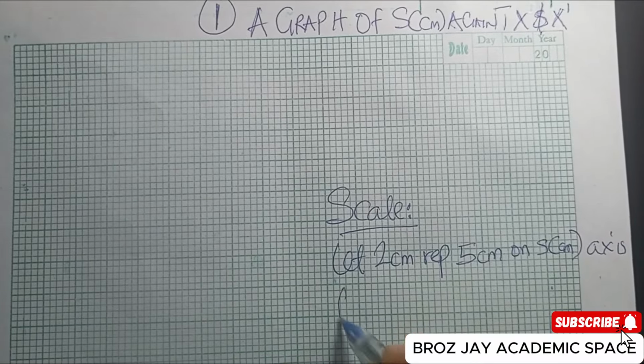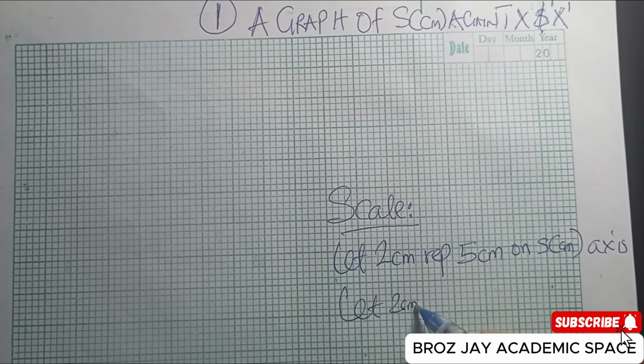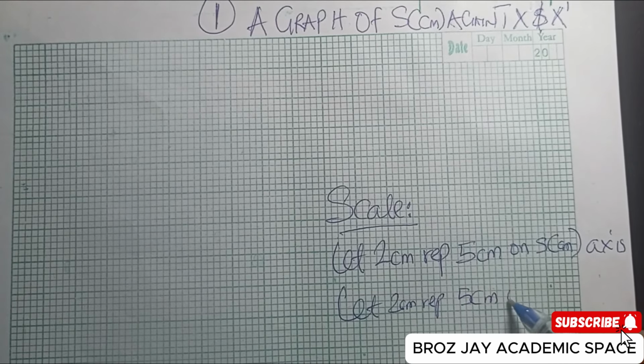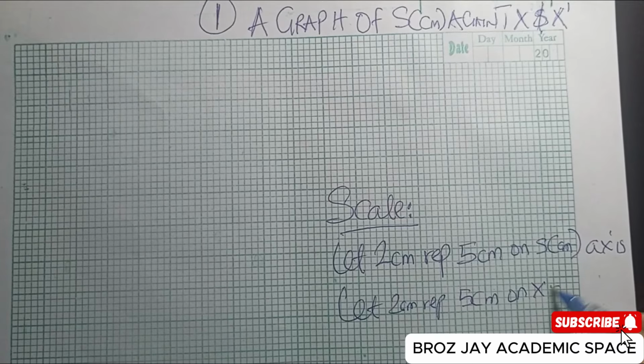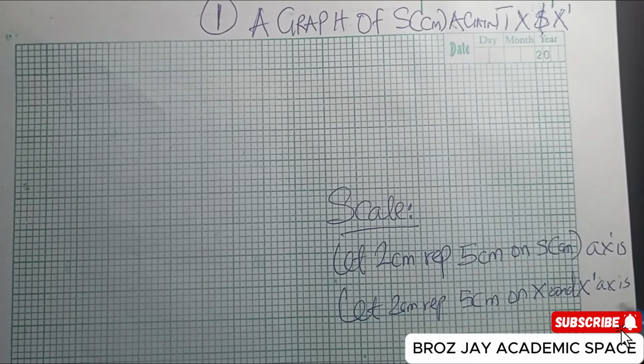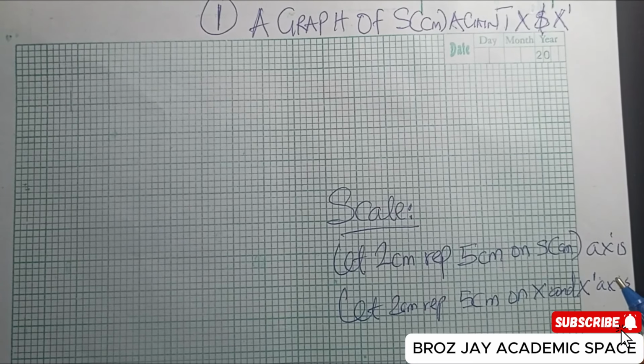The second scale is, let 2 centimeters represent 5 centimeters on the x and x prime axis. The question says we should use the same axis.